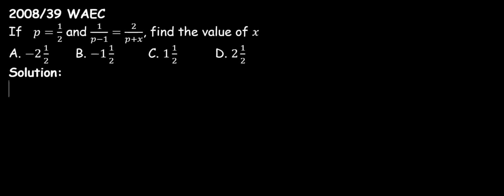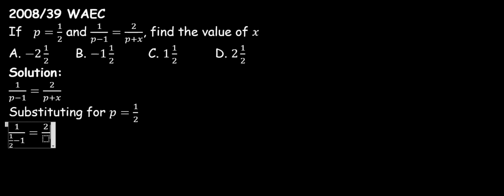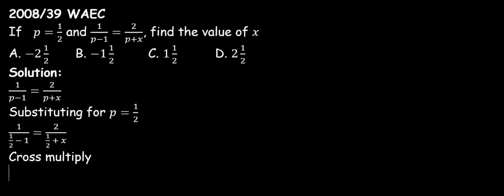First, we present our given problem, which is 1/(p - 1) = 2/(p + x). Substituting for p = 1/2, the result will be 1 divided by (half - 1) equals 2 divided by (half + x). Cross multiply, we now have half + x = 2 × (-half).